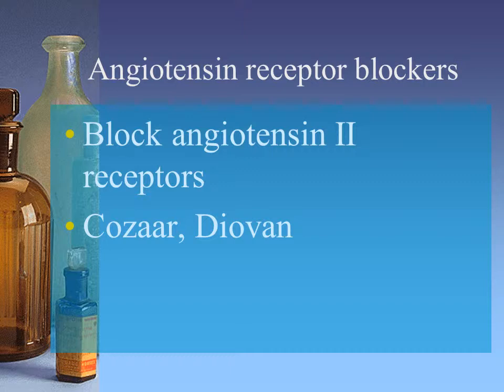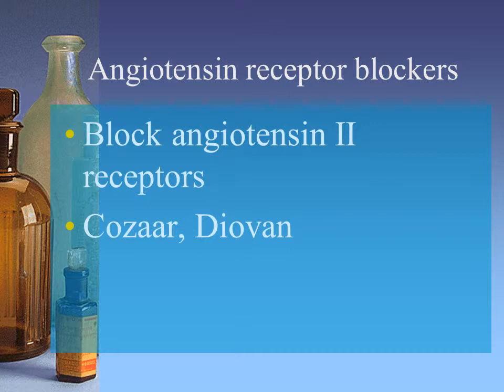Now if we contrast that with our second new class of medications here, angiotensin receptor blockers, ARBs. Instead of arresting that chain of events from happening, they actually go in there and put a block. They interfere with the receptor sites.